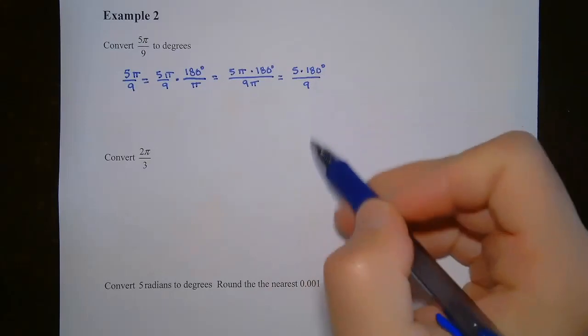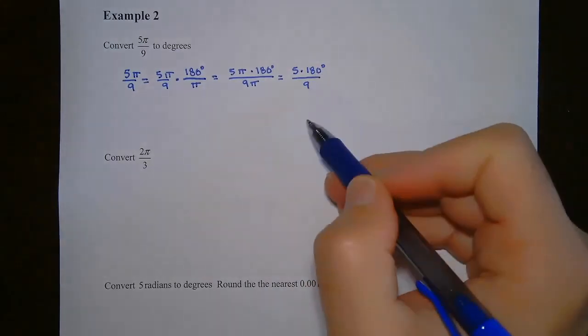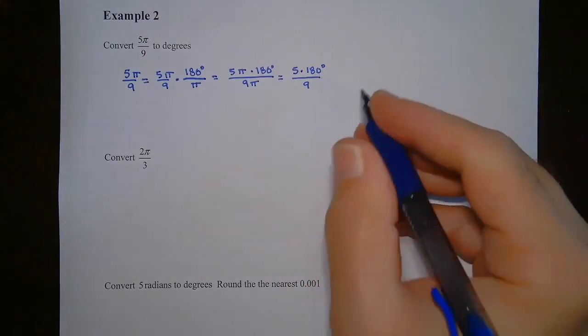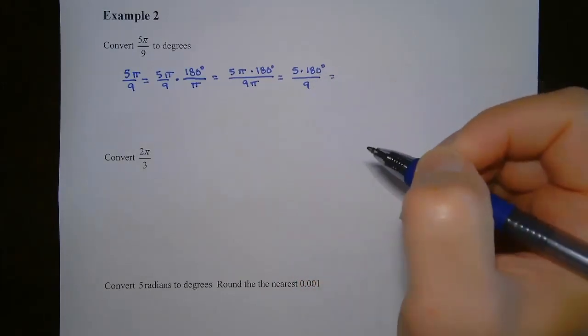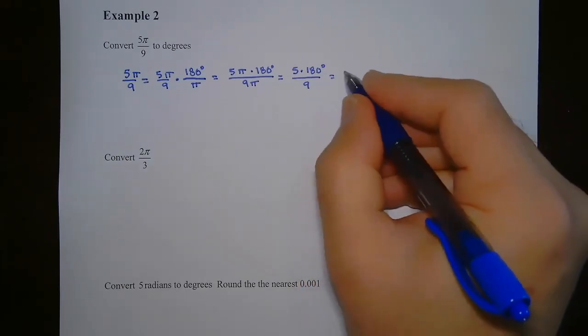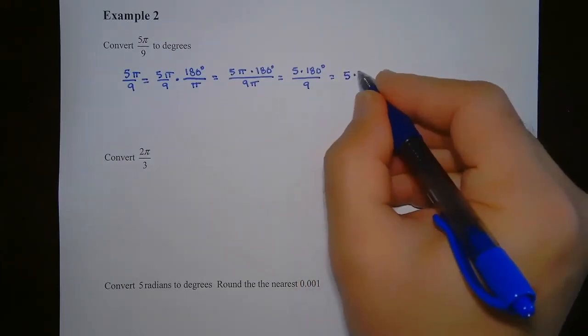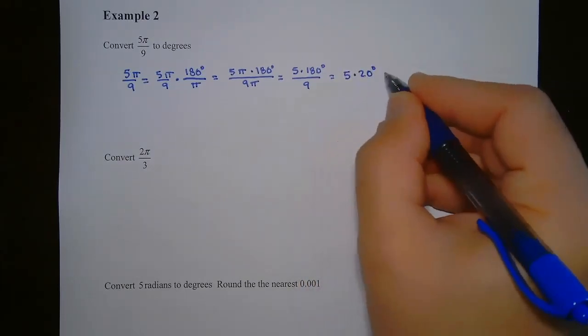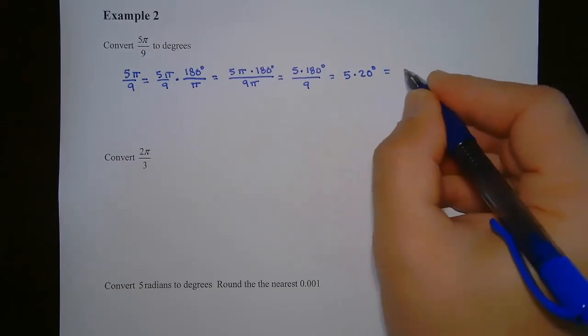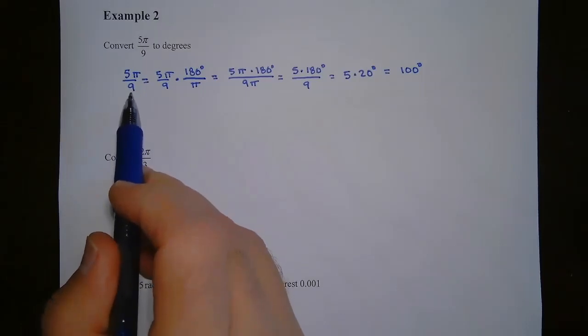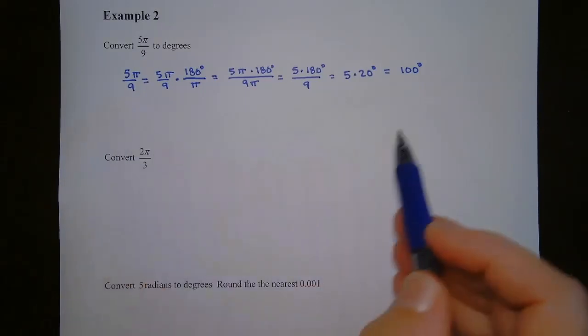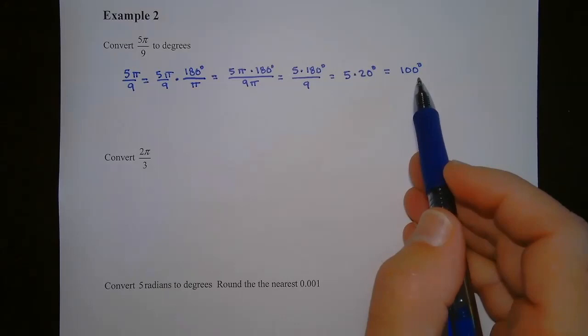Now 9 goes into 18, so 9 has to go into 180 20 times, okay? Because 9 goes into 18 twice, 9 would go into 180 20 times. So this becomes 5 times 20 degrees, and 5 times 20 degrees is 100 degrees. So 5 pi over 9 radians is equivalent to 100 degrees.